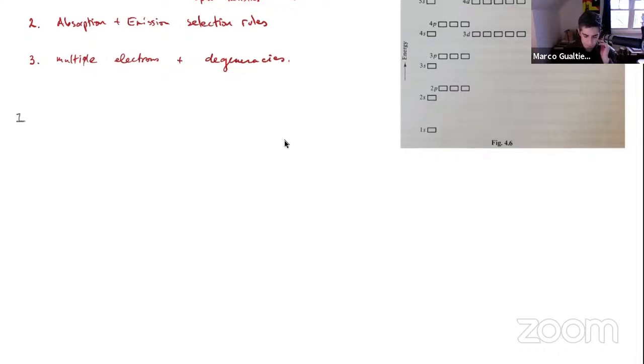So it's all about indistinguishable particles. Okay, so let me explain. If we go way back to the beginning of the course, where we talked about the axioms of quantum mechanics, one of the fundamental aspects of quantum mechanics is that when you combine two systems, you have to take the tensor product of their state spaces, of their quantum Hilbert spaces.